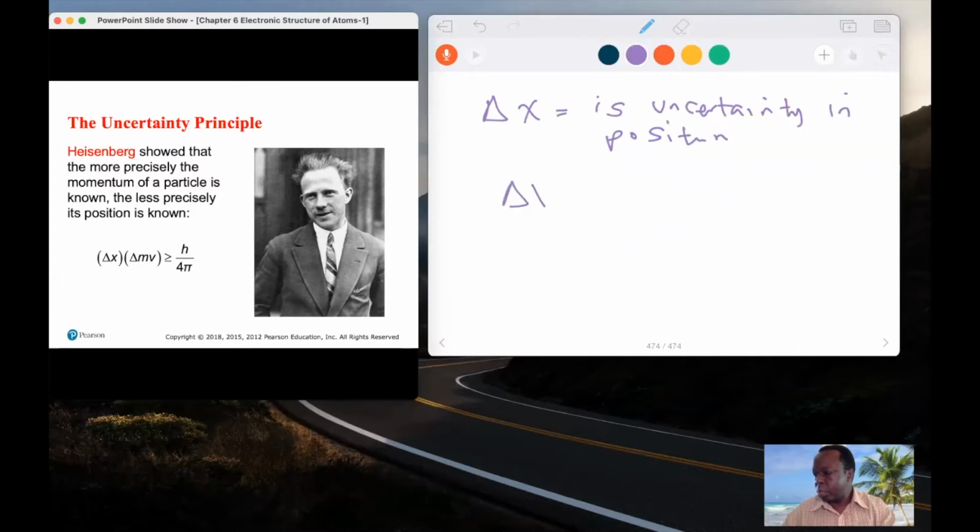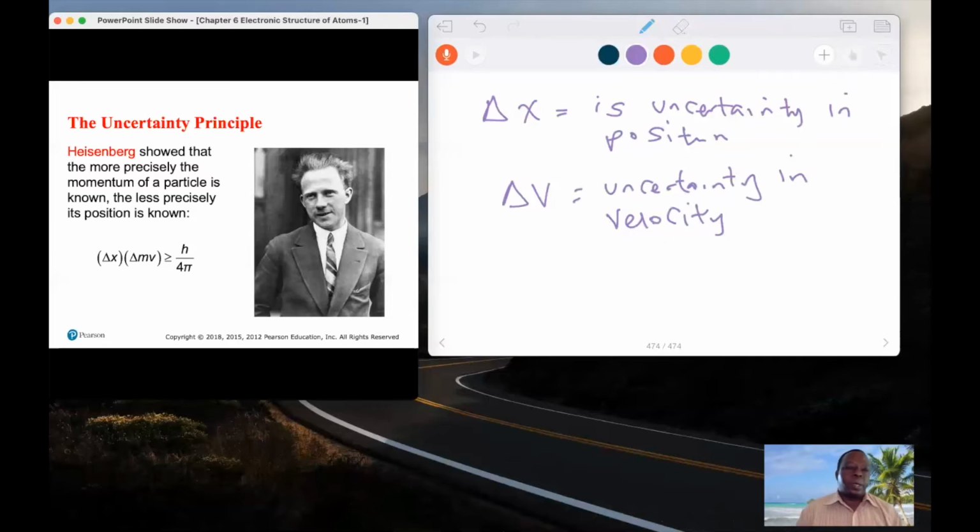And this is the uncertainty in velocity. We cannot tell the position and at the same time the location of an electron in a hydrogen atom. If electrons are moving constantly, then how do we know the position? So the more we know of one, we compromise the other component, which is the speed and the velocity.